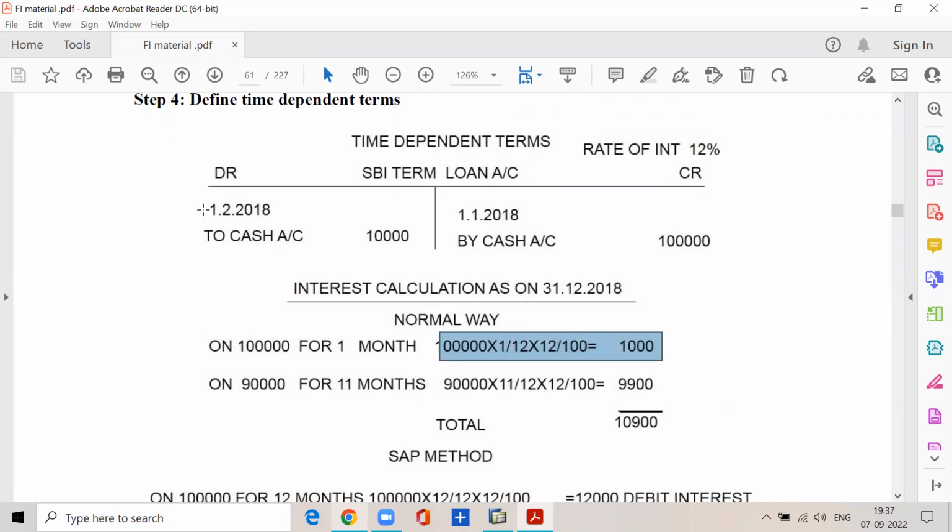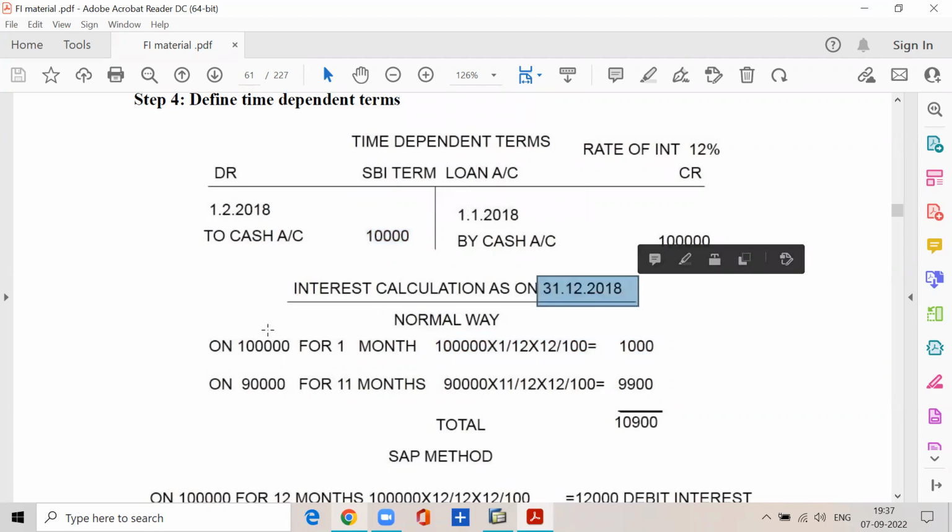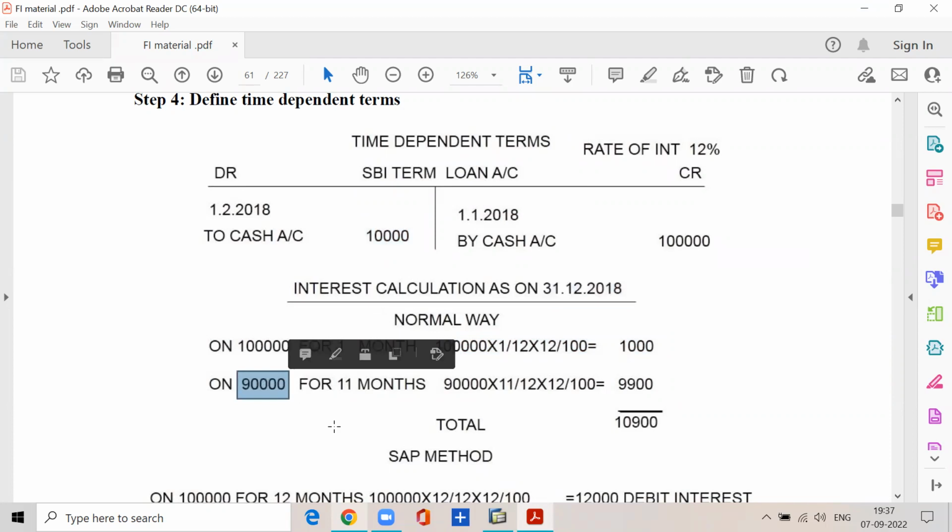Now, on 1st February 2018, you have repaid 10,000. So from 1st February 2018 till 31st December 2018, that is for 11 months, we have used 90,000 from the bank.